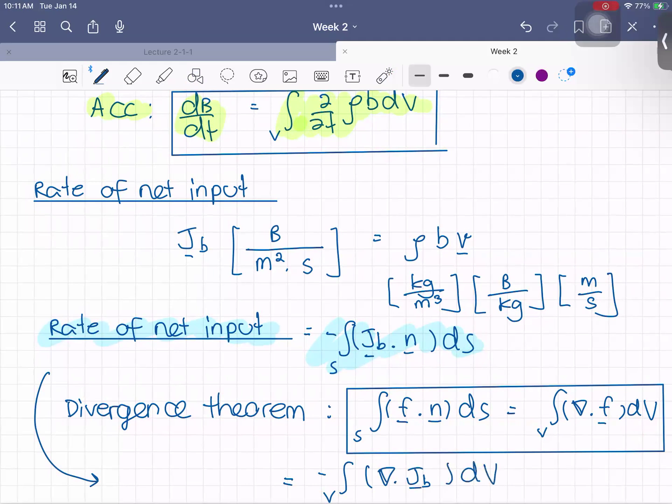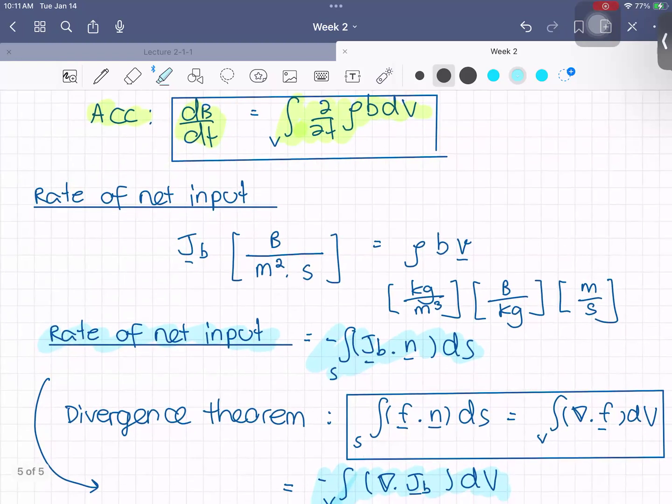Again, I'm going to highlight it. So now we have the same volume, the integration of dV.